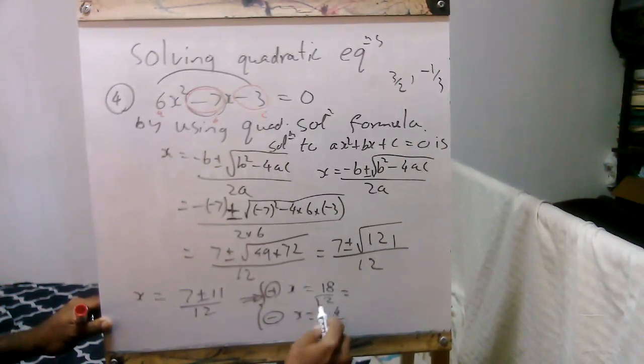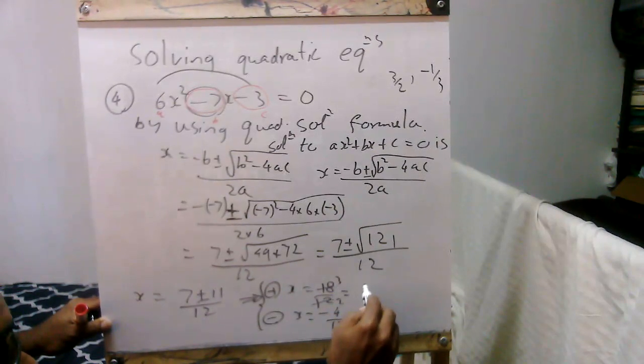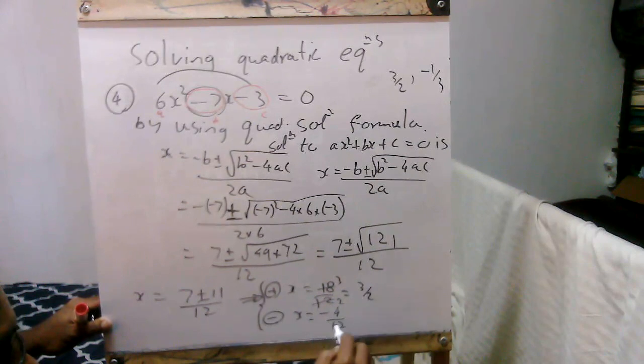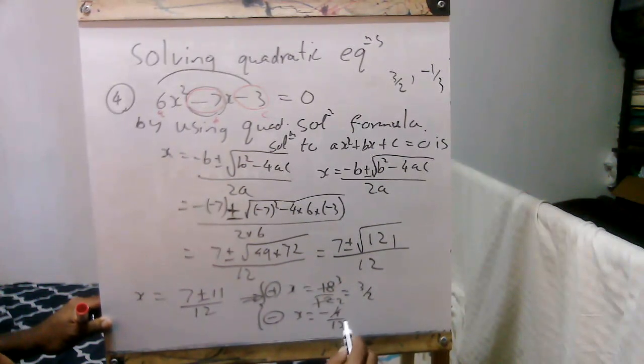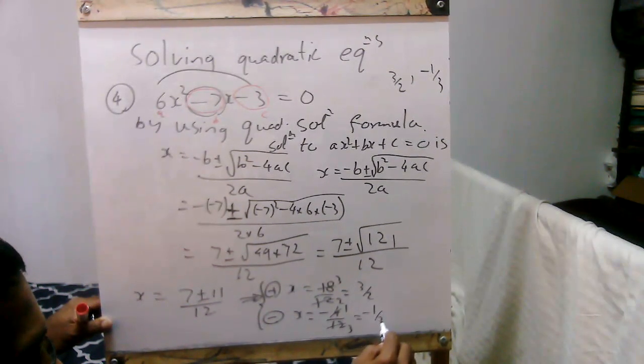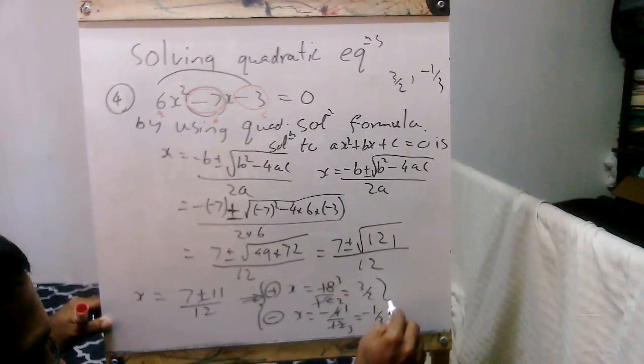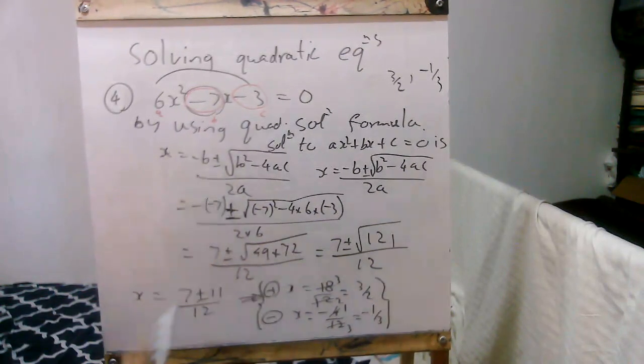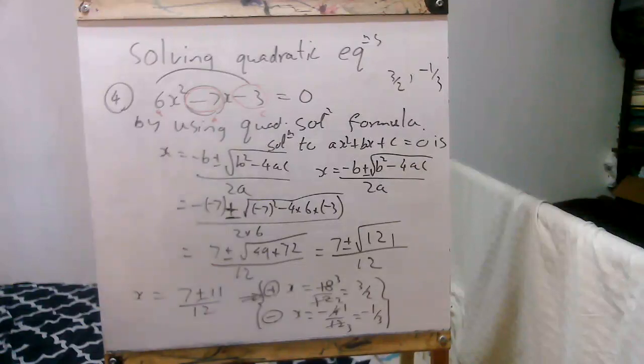We can divide both by 6: 6 times 2, 6 times 3, we get 3 over 2. And 4 times 1, 4 times 3, we get negative 1/3. So these two are the answers, which are the same. Okay, we get the same answer using the quadratic solution formula.